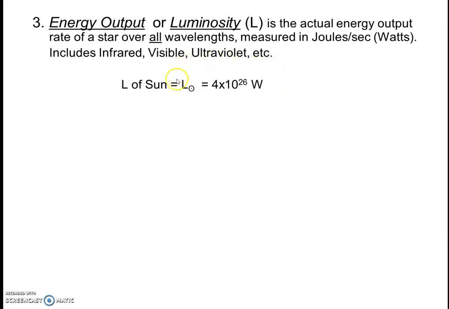So what we do is we say, okay, this symbol here, this little circle with a dot, means the sun. We're going to use that as a unit. We're going to say 1 solar luminosity is equal to 4 times 10 to the 26 watts. And so if you had a star that was 8 times 10 to the 26 watts, you would say that star had 2 solar luminosities because it was twice as bright as this.